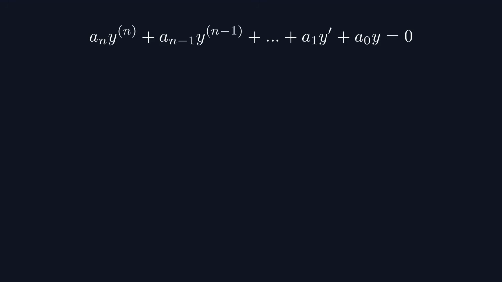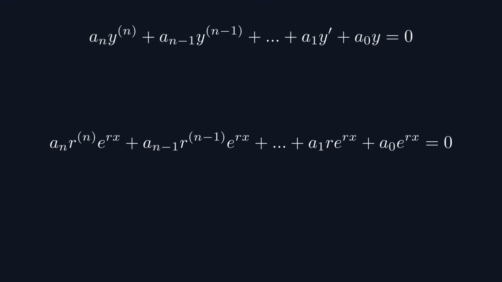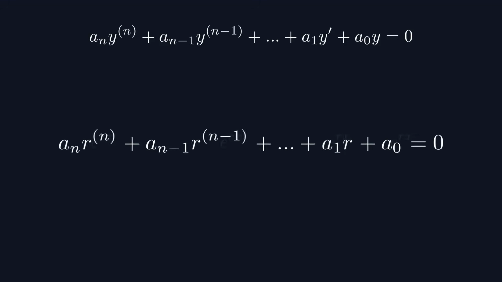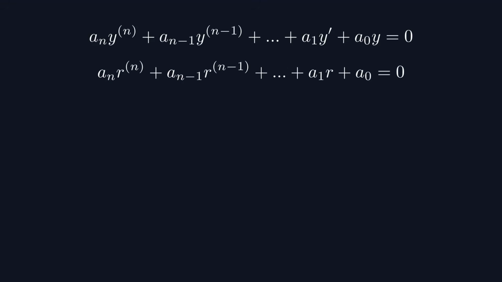Let's assume a solution, y equals e to the rx. We plug it into the equation. Then, if we cancel out e to the rx, that leaves us with a characteristic equation. We just do algebra and solve for the roots of the equation. The nature of the roots of the characteristic equation will determine the general solution. We have three cases.